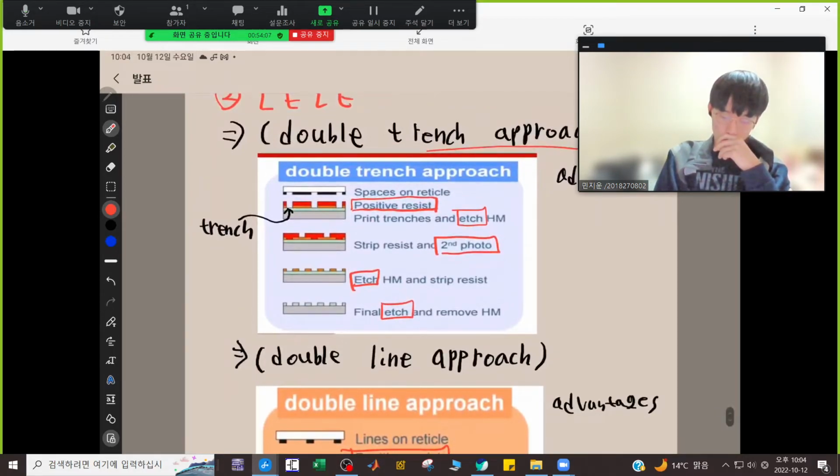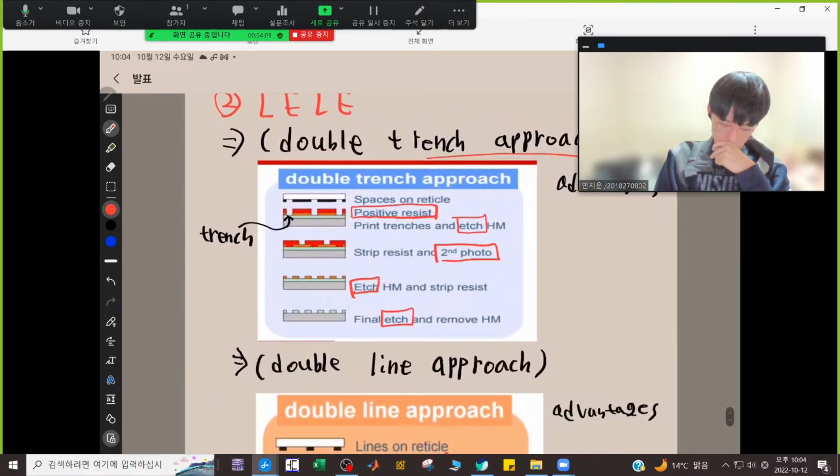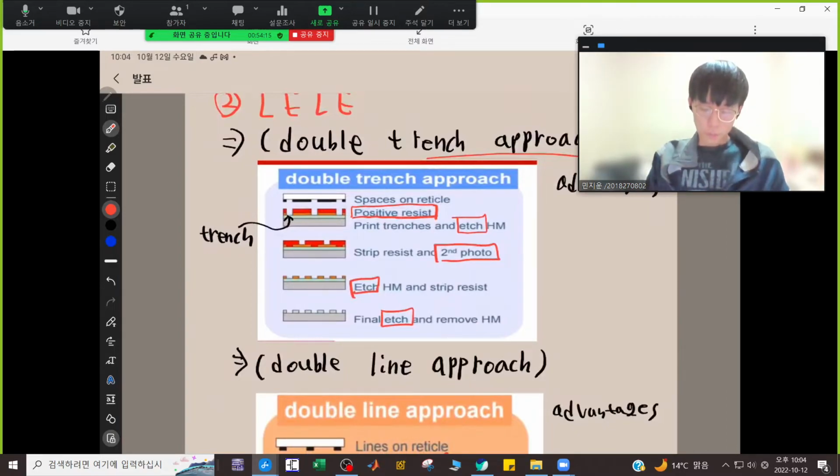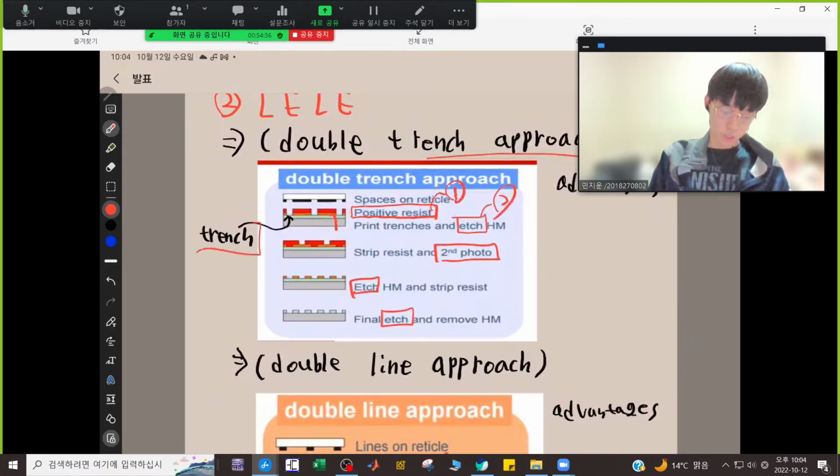If you see this picture, first we do photoresist lithography, and next etching the hard mask, then we can get the trench.